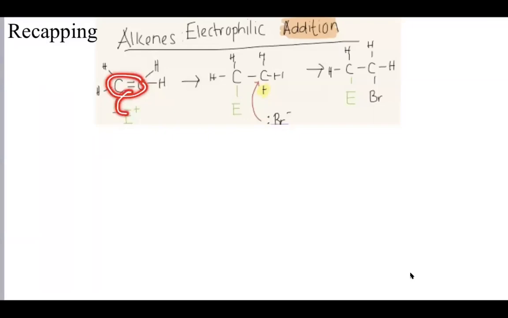Now, there are two possible carbons where the electrophile can sit, carbon on the left or carbon on the right. At this point it doesn't matter because your alkene is symmetrical. If you have an unsymmetrical alkene, this is where your Markovnikov rule comes in. That's not an alien language. Markovnikov is something that you have learned last year. So if you don't remember what that is, I suggest you revisit your alkenes notes.